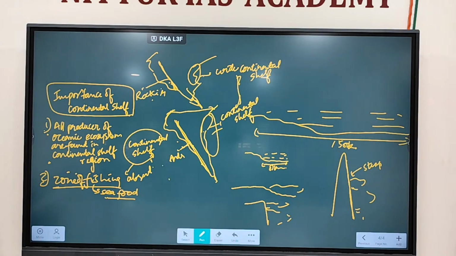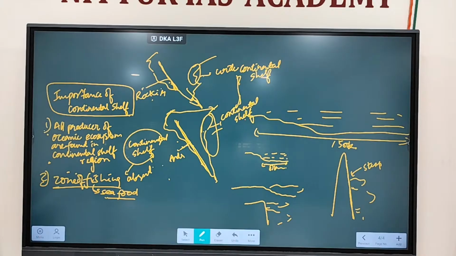Whatever seafood you are eating, you are deriving it from the continental shelf region. So it is a zone of fishing. Whether prawns, crab, or other things that you are eating, they come from this region only. So it is a very important food producing region also.